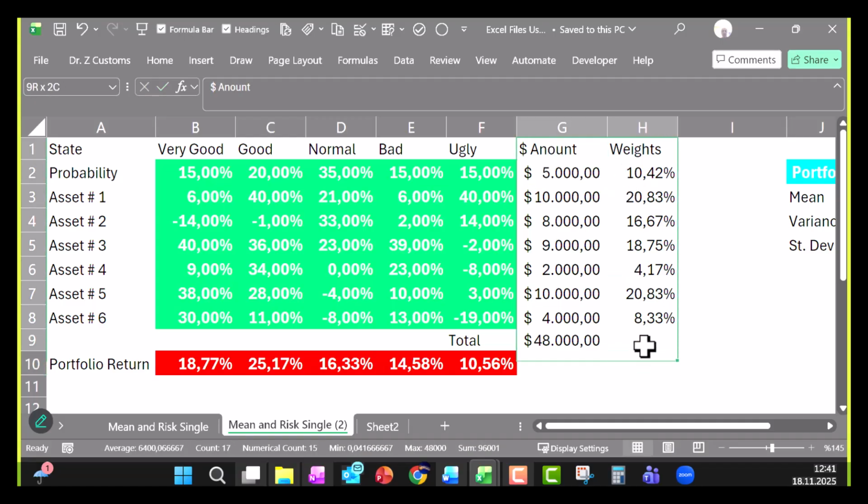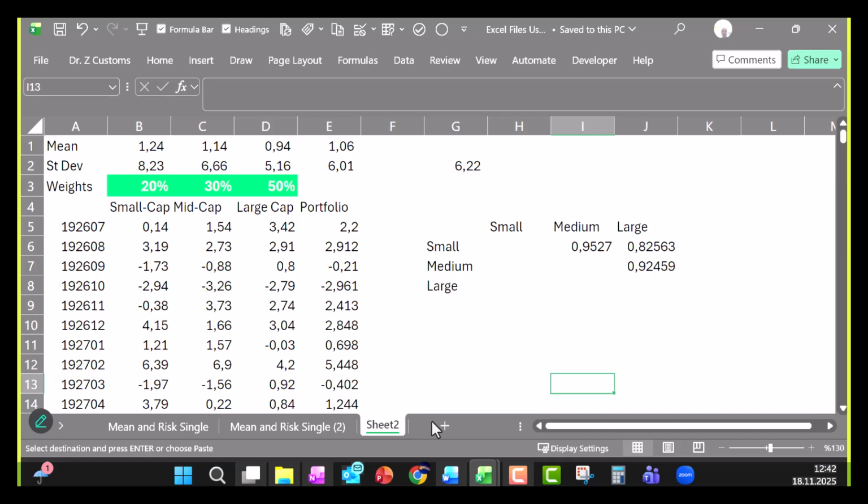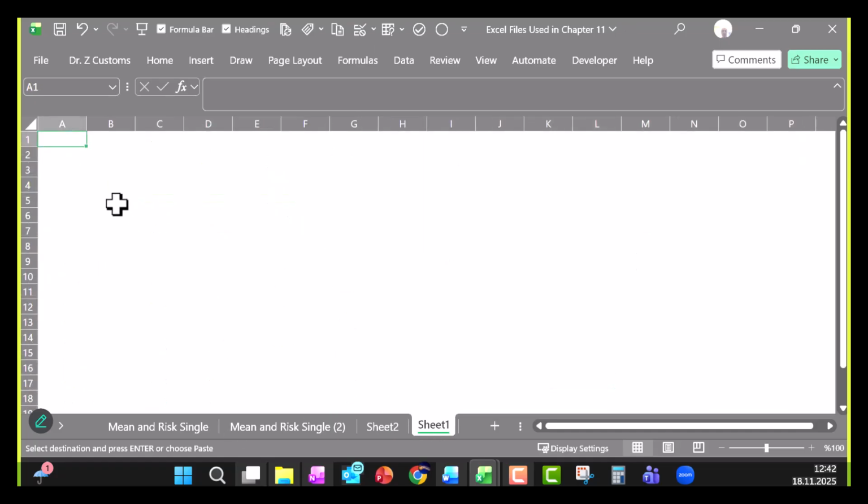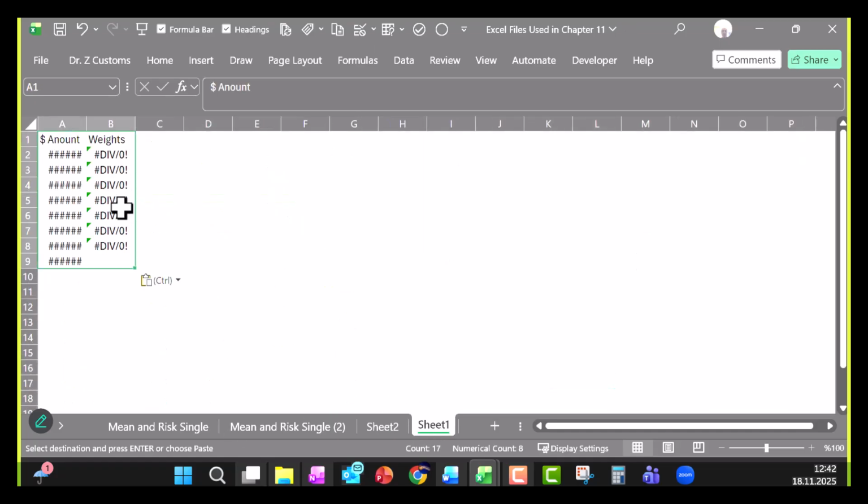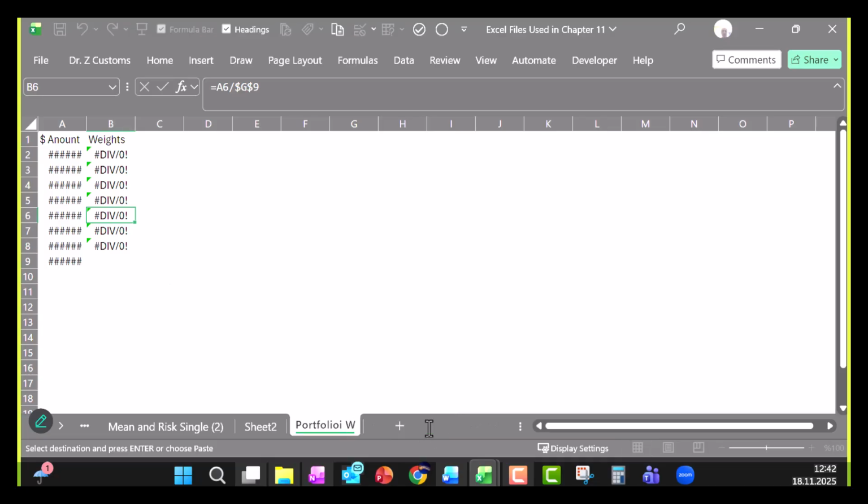Actually, let me copy, paste. I'll change those. Let's go with this portfolio weights.